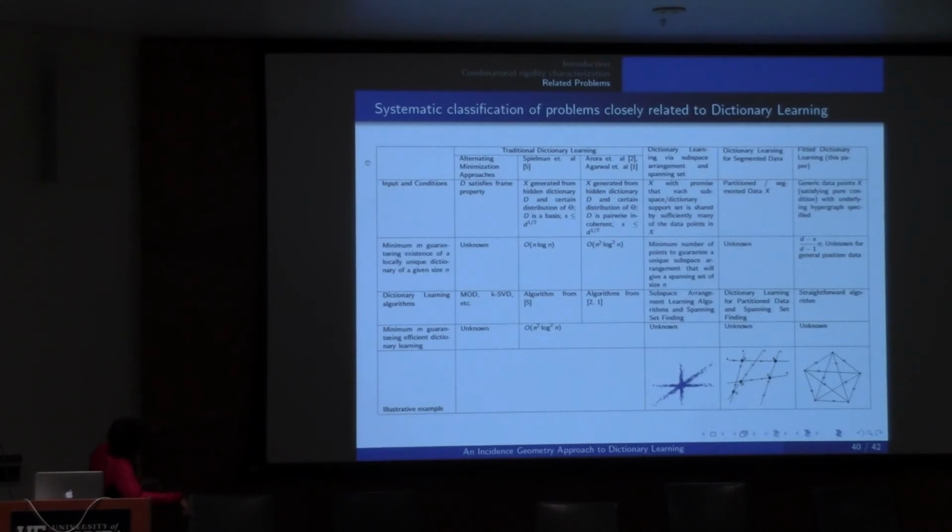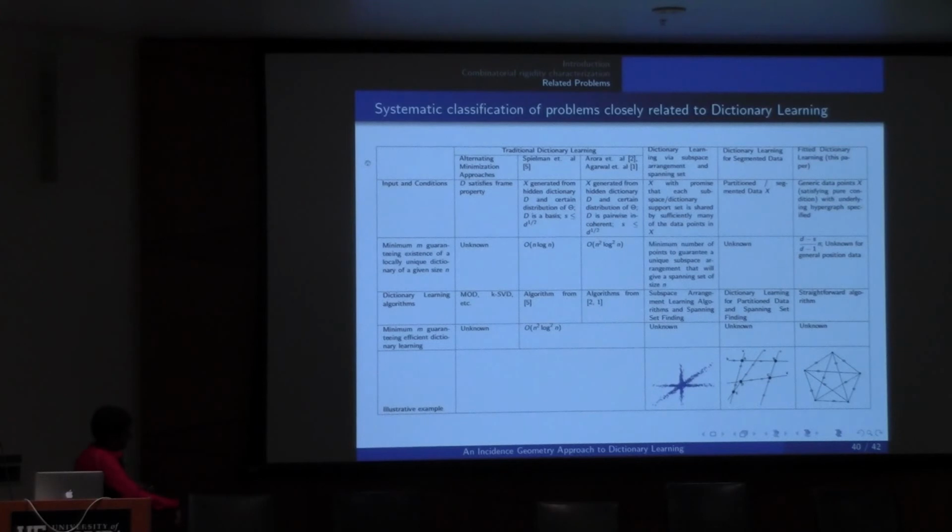So in this case you have some results, as I said, but the conditions that you have are pairwise. In this case, it has to be a basis, so D is a basis. In this case, the dictionary vectors have to be pairwise incoherent. And then if we do it in this two-stage process, you first find a subspace arrangement and then you find a spanning set.